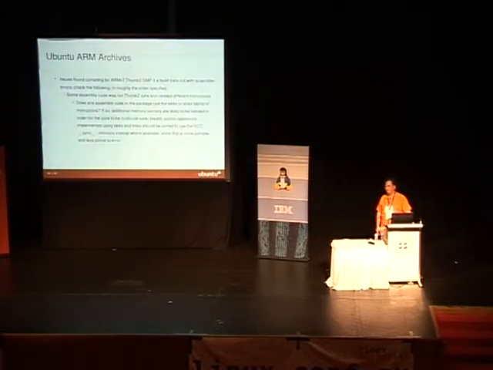Thumb 2 is a really cool thing, and when you're doing it in C, Thumb 2 just works with GCC. But if there's ARM assembly, Thumb 2 may not work. And depending on how much assembly code and how it was written, you may not even be able to fix it conveniently.